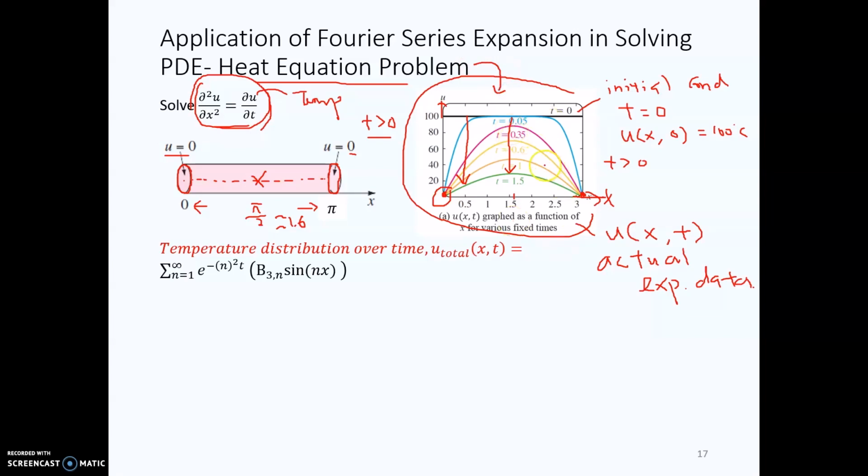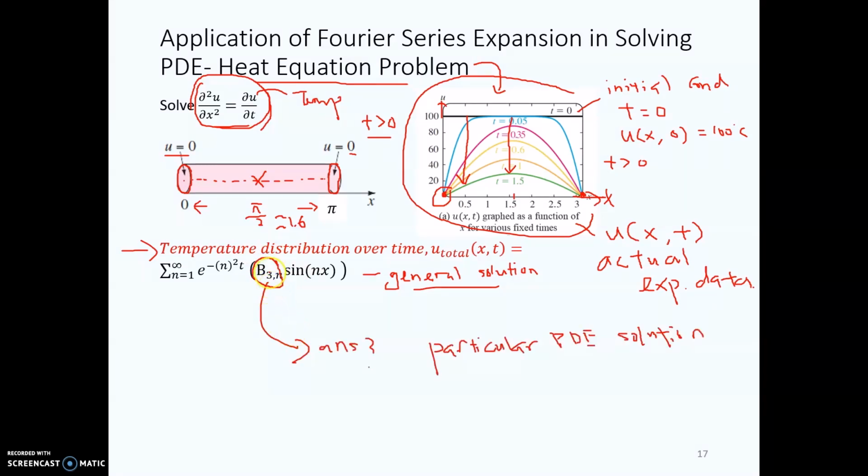However, most of them are only able to obtain this temperature distribution solution in the general PDE solution format. However, this solution is less useful because there is an unknown coefficient here. We need to find the answer for the coefficient here in order to obtain the particular PDE solution.